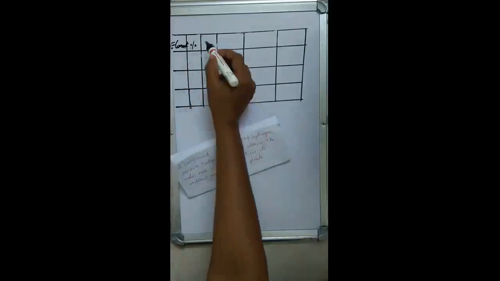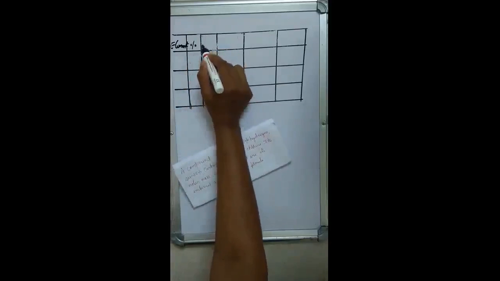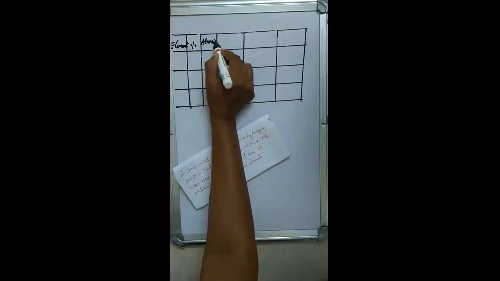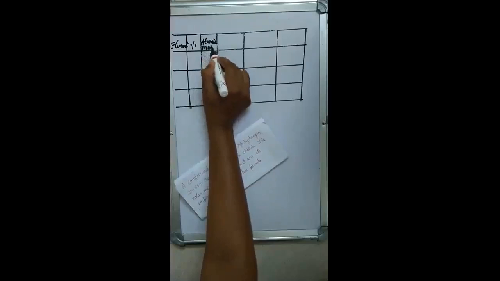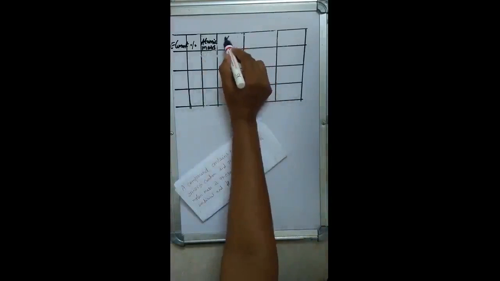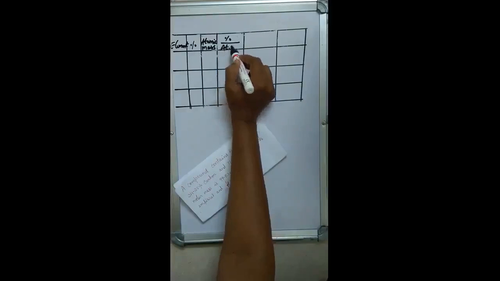After that atomic mass is required, so I will write atomic mass. Now there is one formula: percentage divided by atomic mass.